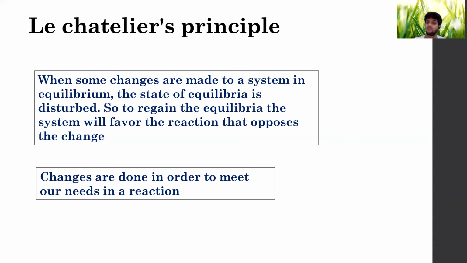Why do we change? Because as human beings, we want the fundamental things to be changed in order to achieve our goals. That's the main idea. So once you change a certain factor, the state of equilibria will be destroyed. That means that reaction is no longer in equilibrium.